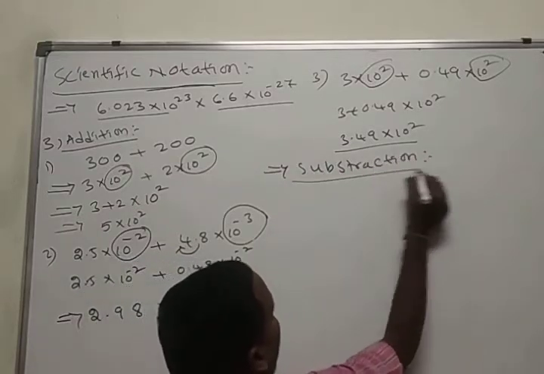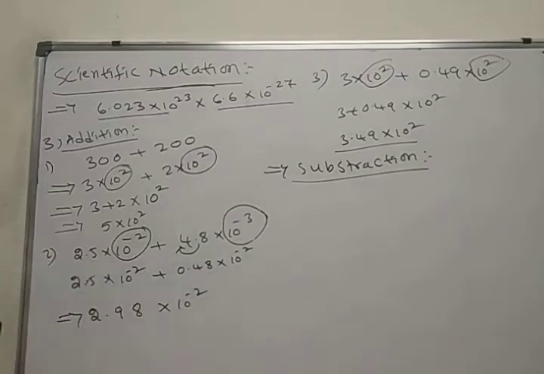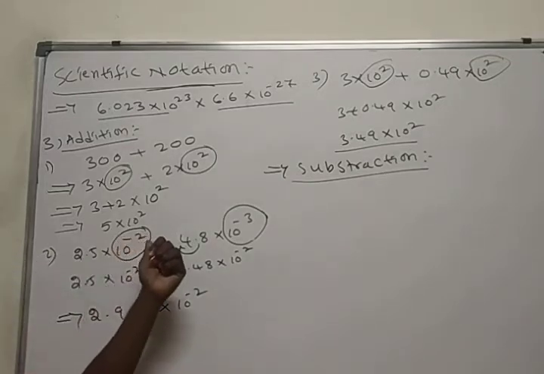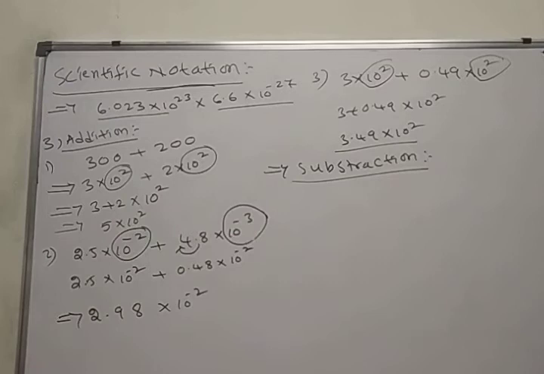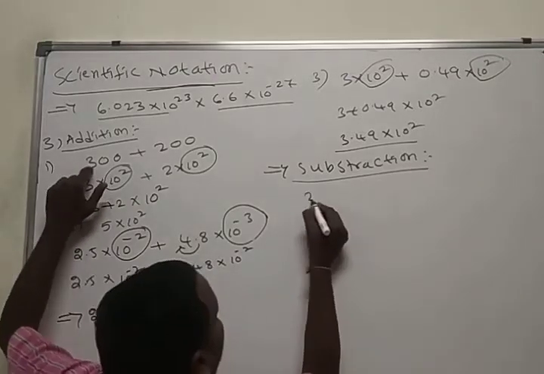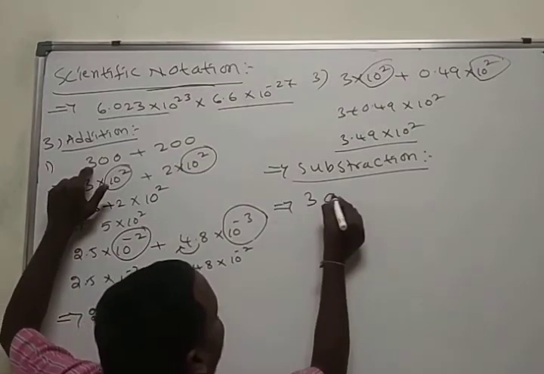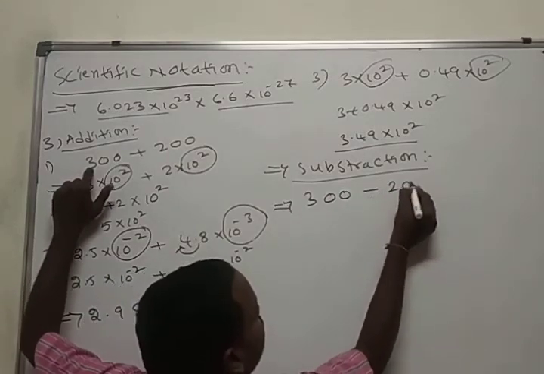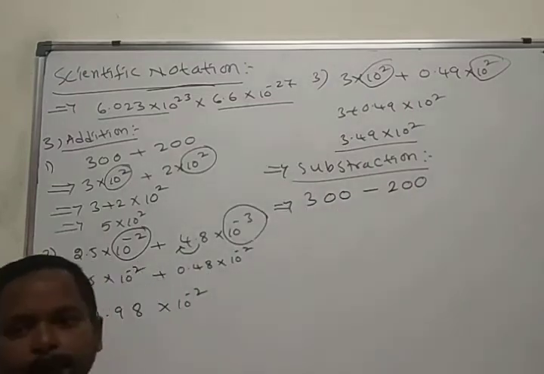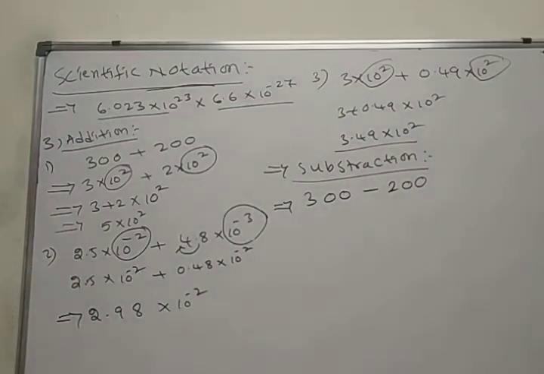How will we do the subtraction? Same as this. Here we did addition, and subtraction is also the same. The base and exponent of both should be the same; then only subtract. 300 minus 200 means 100.